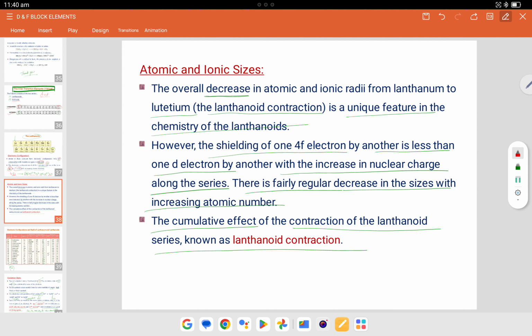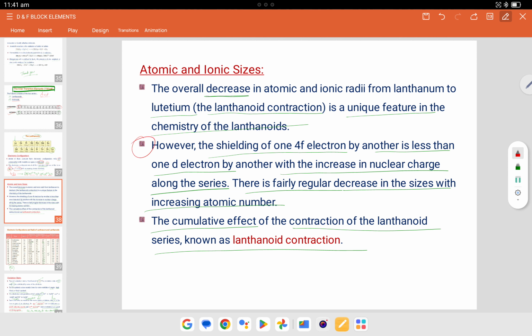Second, atomic and ionic size. Check it, children, it's very simple. There is an overall decrease in atomic and ionic radii from lanthanum to lutetium. This lanthanoid contraction is a unique feature in the chemistry of lanthanoids.